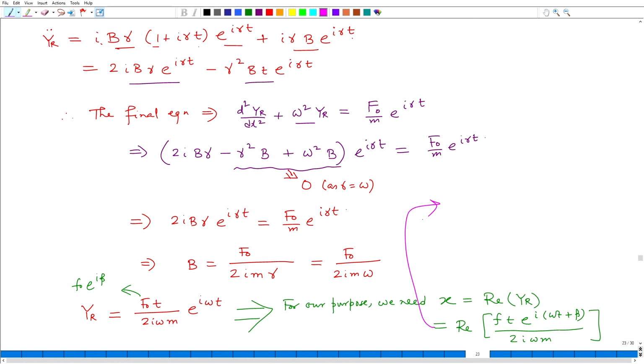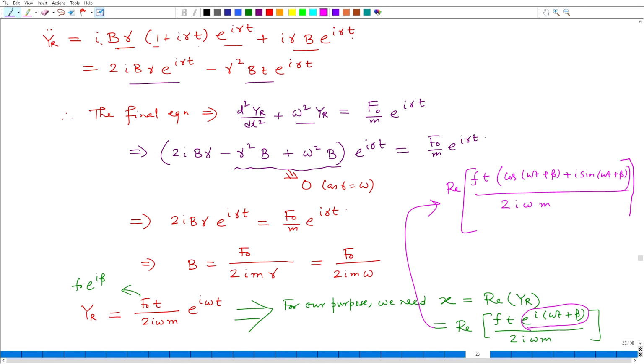So, e to the i omega t plus beta is cos omega t plus beta plus i sin omega t plus beta. I am just writing this. So, the real part of f t, cos omega t plus beta plus i sin omega t plus beta, and then you write 2i omega m.